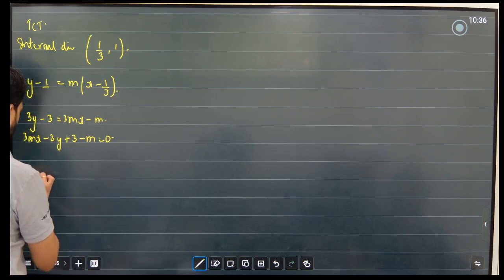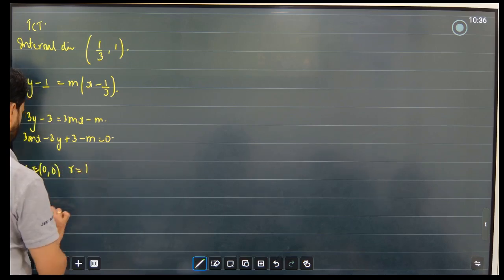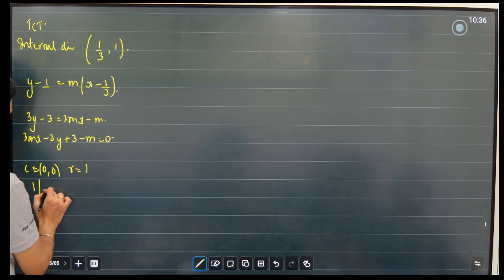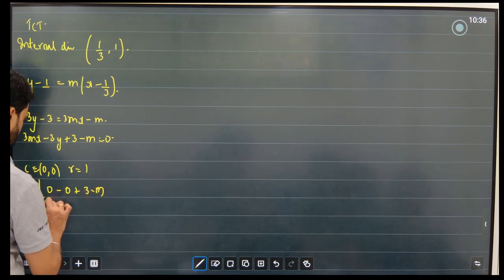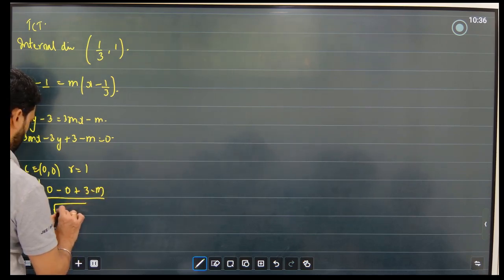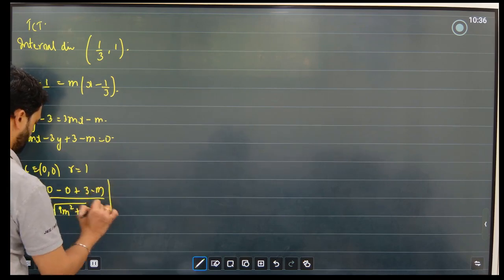So if I take the center as 0 comma 0 and radius as 1, I'll get 1 is equal to 0 minus 0 plus 3 minus m on under root of 9m square plus 9.